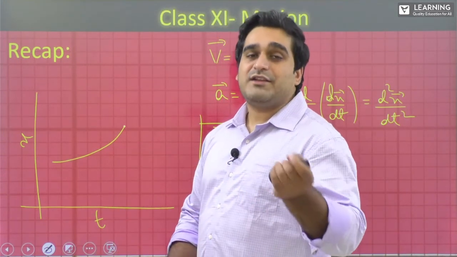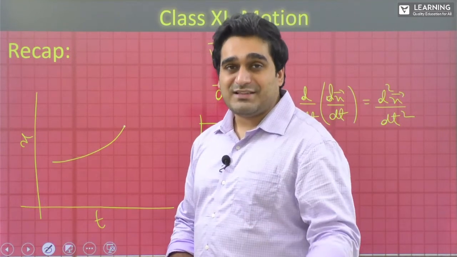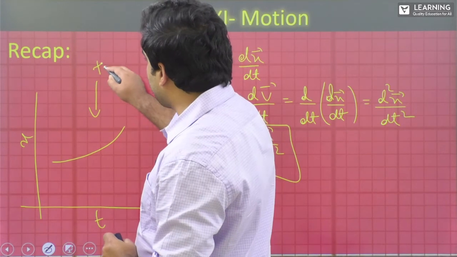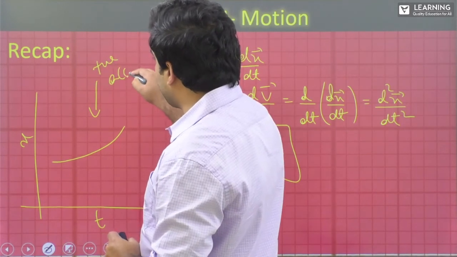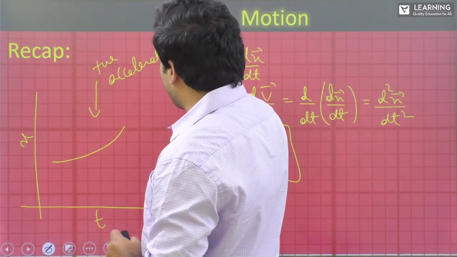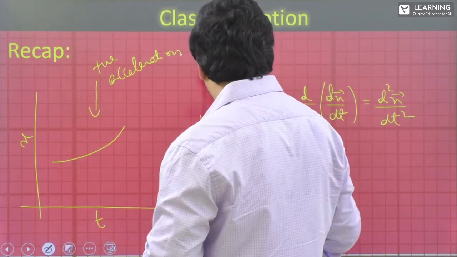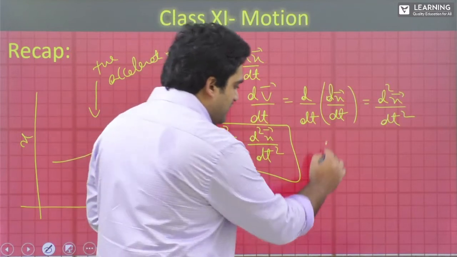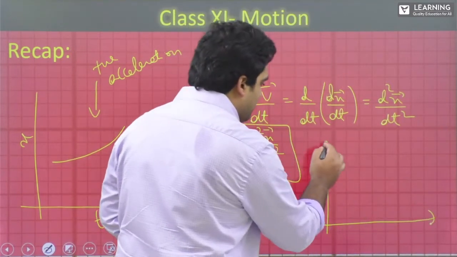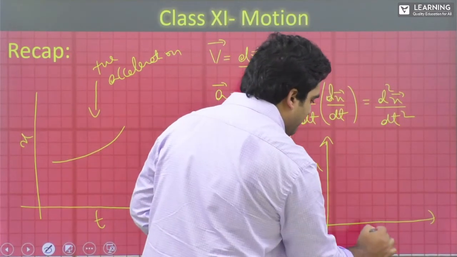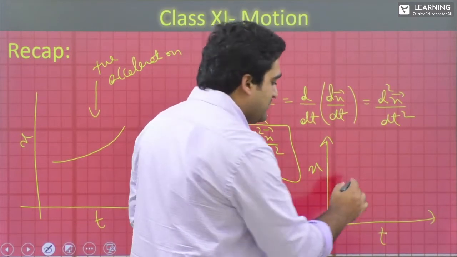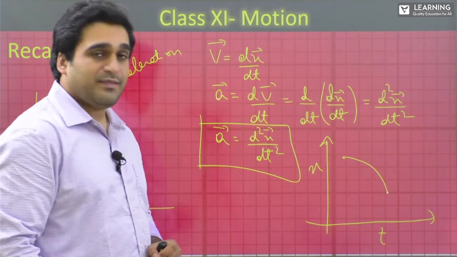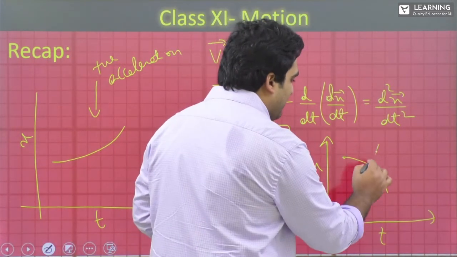Now, if it is slowing down, meaning that there's a retardation, let me write this, positive acceleration. If it is slowing down, I'll represent it here. If it is slowing down, there's a retardation. Therefore, you get the path which is close to this, a negative acceleration.